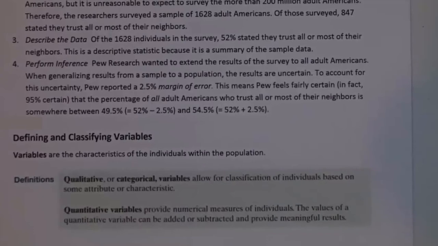For example, gender is a qualitative variable. We could classify individuals as male or female, and that's about it. We could find the percentage of males and females in the class, but with qualitative variables, you can't do a lot of calculations. Pretty much all you can do is count them and convert them to percentages, which in statistics we call relative frequencies.